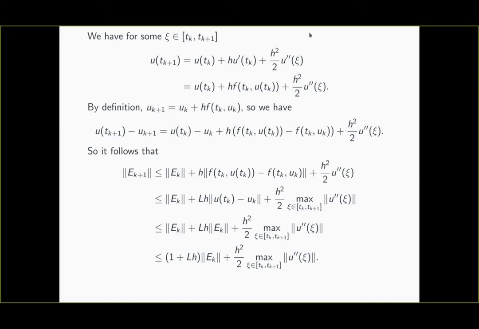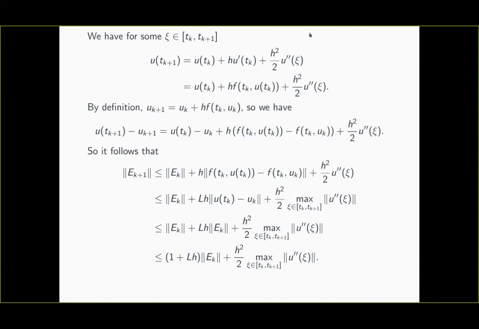Okay, next we recognize that this distance in Euclidean norm, u of tk minus uk, is just again the approximation error ek. In the next line I've simply substituted the definition of ek being the global discretization error at time tk, and in the next line I just summarize these two terms.